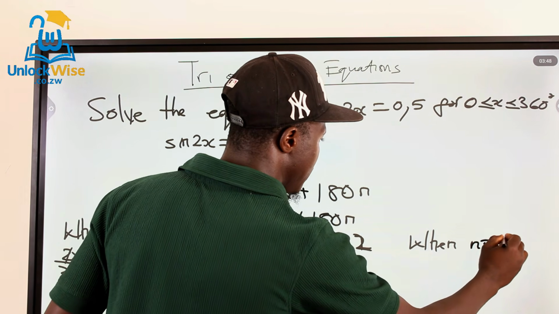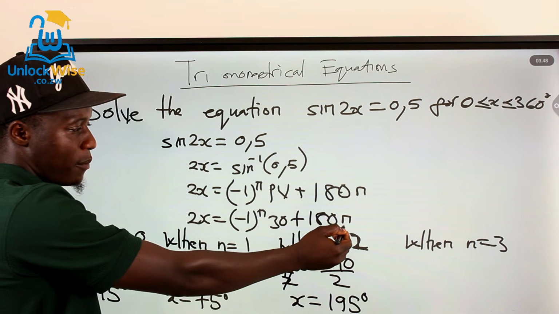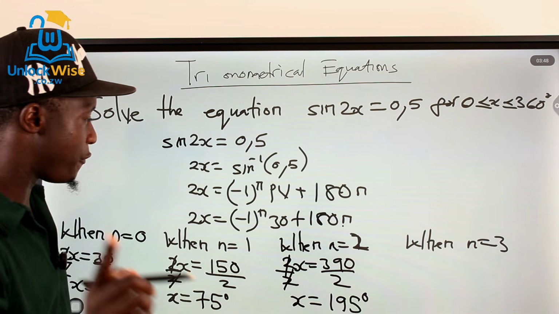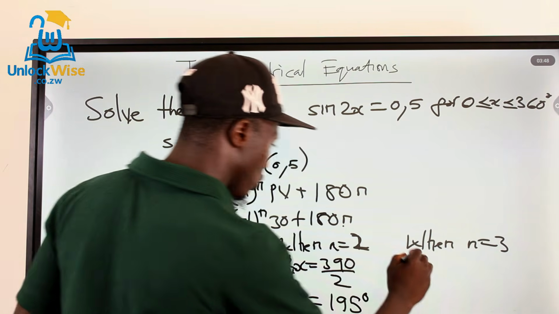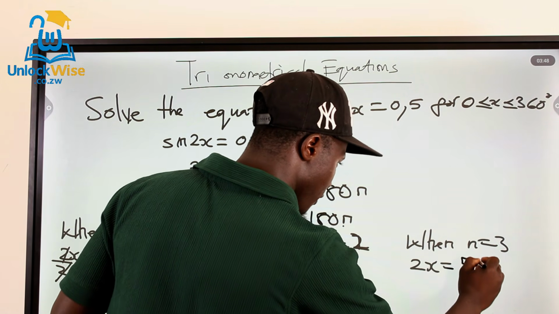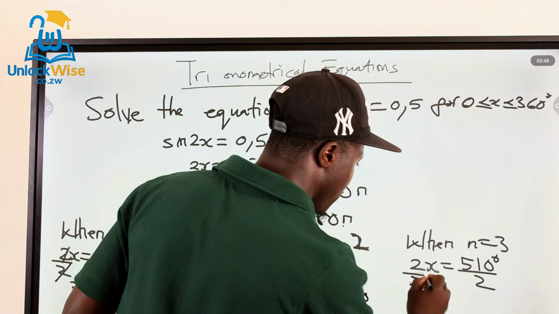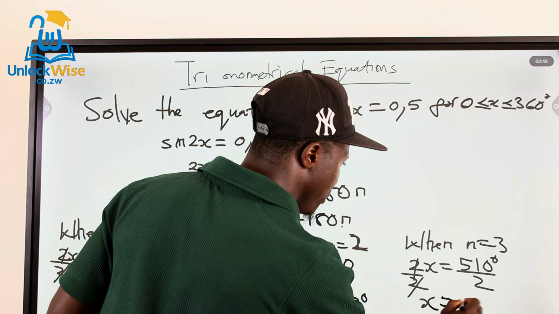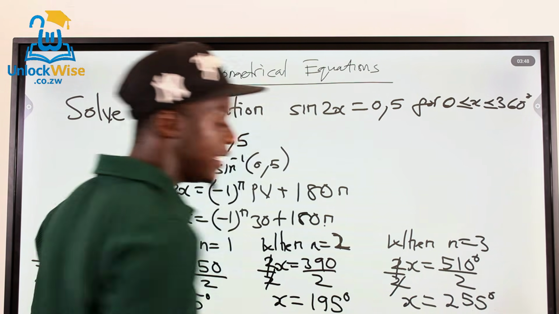Then what if n is equal to 3? When n is equal to 3, 180 multiplied by 3 gives 540. 540 minus 30 we get 510. So 2x is equal to 510 degrees, divided by 2, then our x will be 255 degrees.